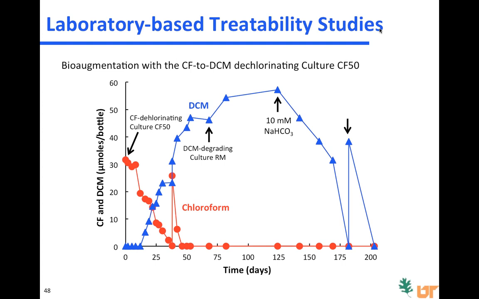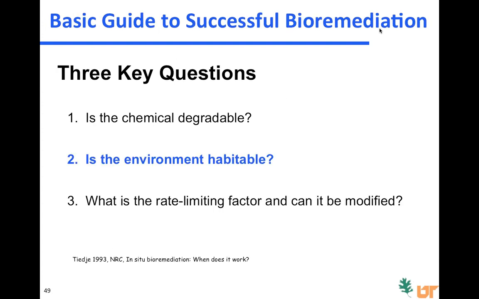What we also noticed there is that carbon TET, CT, carbon tetrachloride, was very inhibitory to this process for both of these cultures. So carbon TET cannot be present to make this work. And on the next slide, this is the next question on the three key question slide. Is the environment habitable?